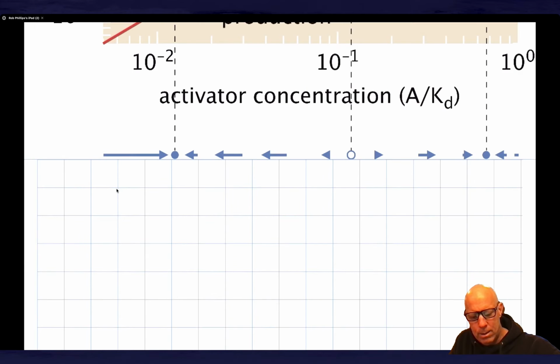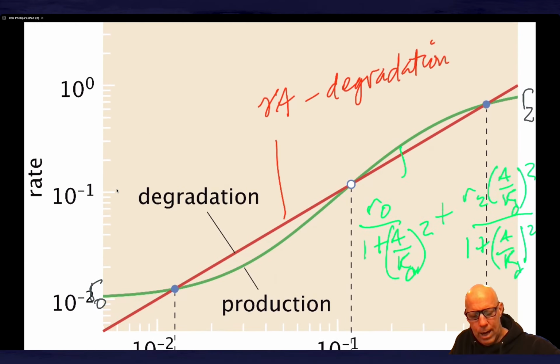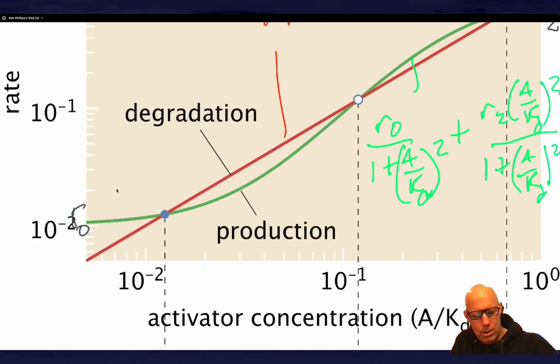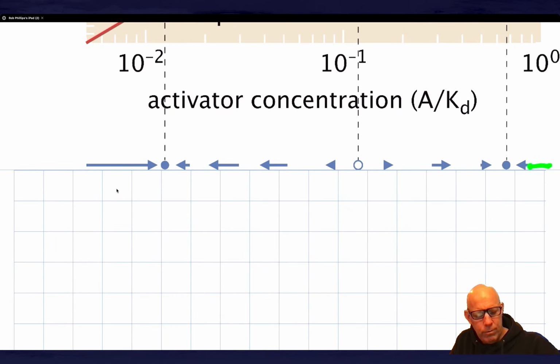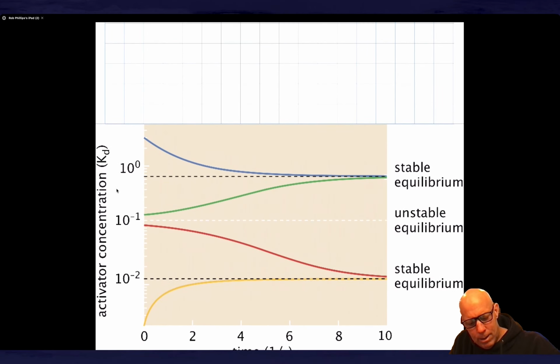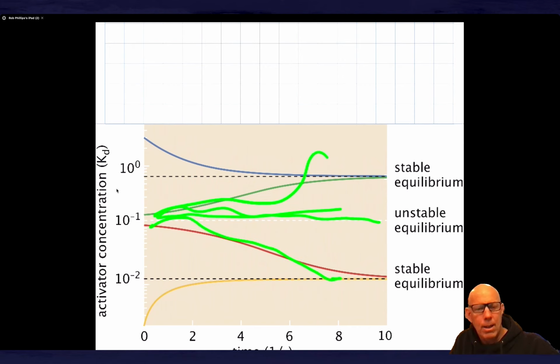So we will flow into that fixed point. And if I start in the middle, depending on whether I'm above or below this unstable fixed point, I'll either go down to the low or go up to the high.